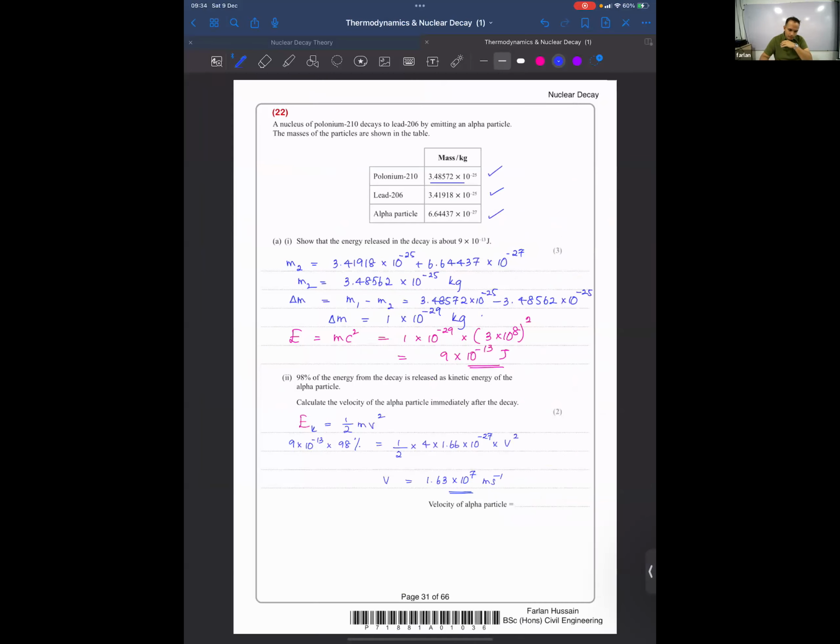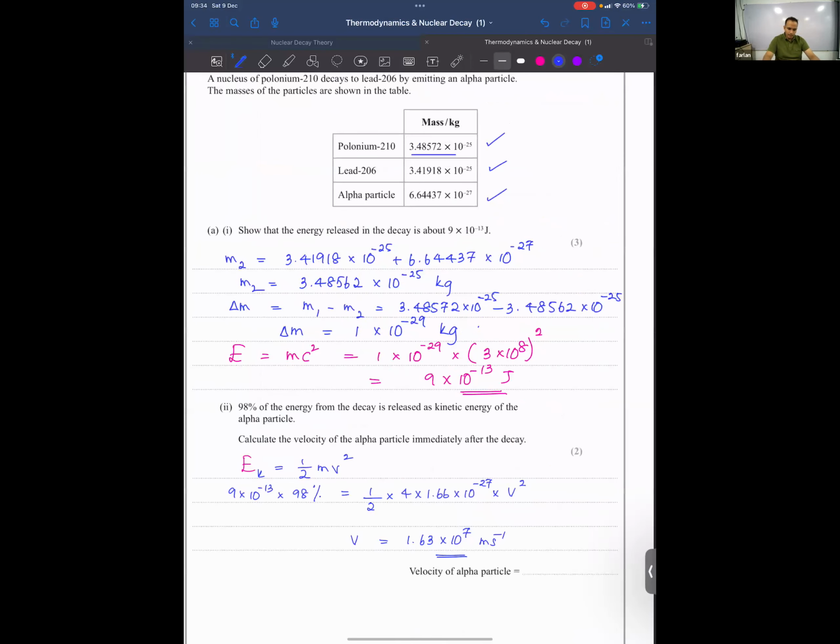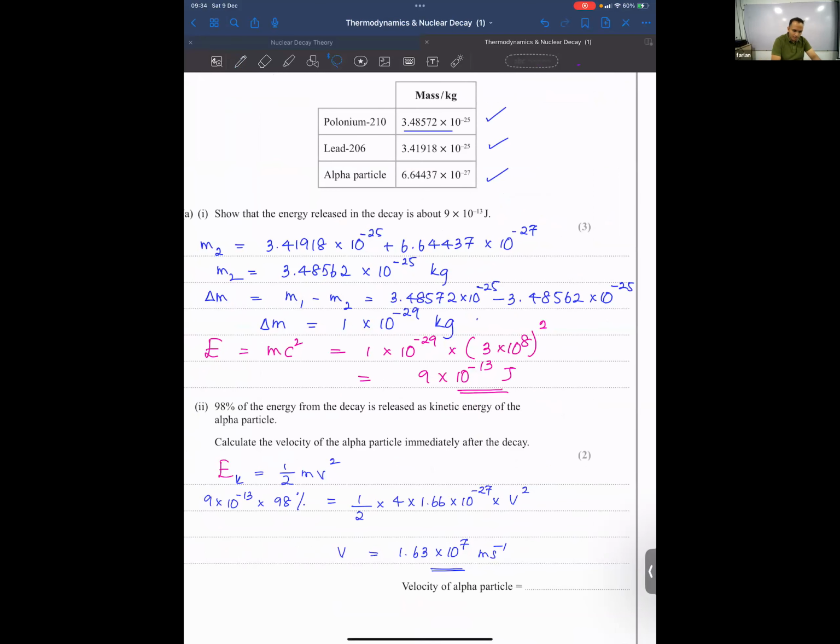They have given? Yeah. No, I didn't see that, sorry. You can take that, but I think it will be the same thing. Mass of the alpha particle is given. So you can just take that instead of what I have taken here.